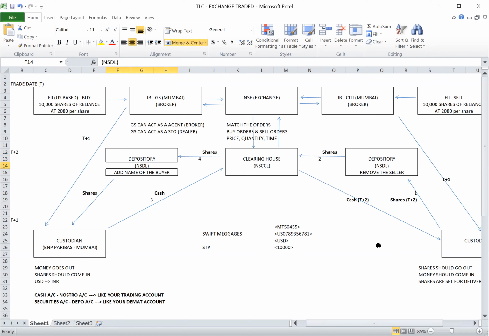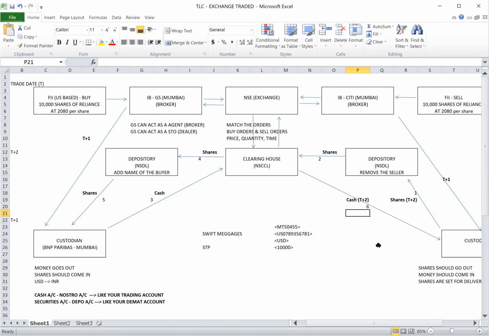So after that, the shares would be transferred to the custodian account of the buyer. And whatever cash was collected from the buyer side would be transferred to the seller. So all these arrows which you are seeing, 1, 2, 3, 4, 5, 6, will keep on happening the whole day.